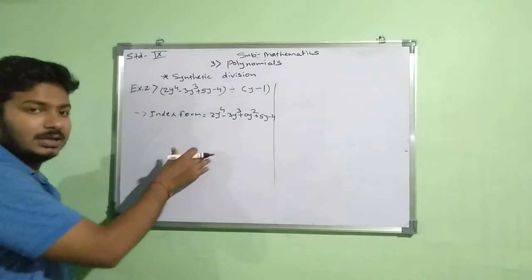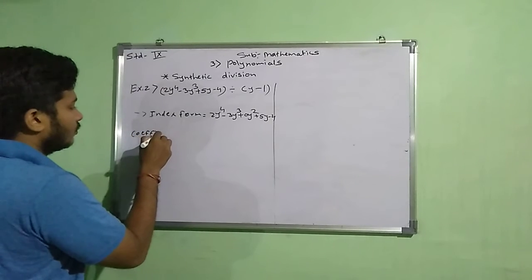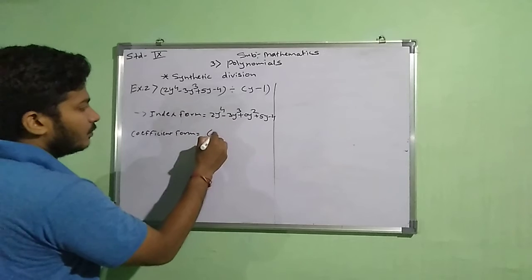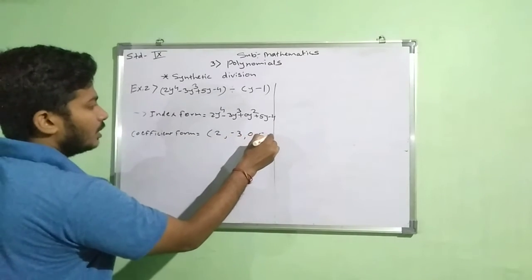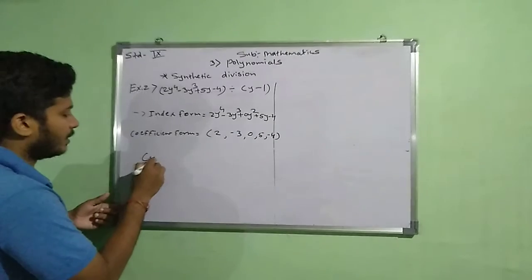Now we have to write it in coefficient form. So the coefficient form will be 2, minus 3, 0, 5 and minus 4. Now our divisor is y minus 1.